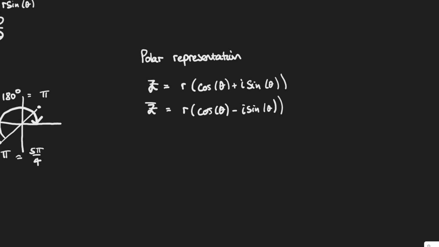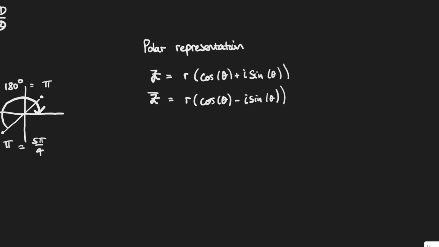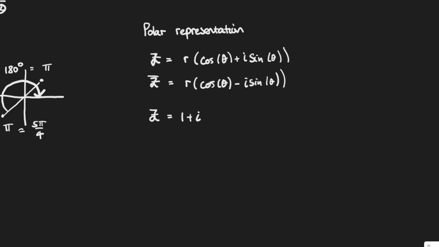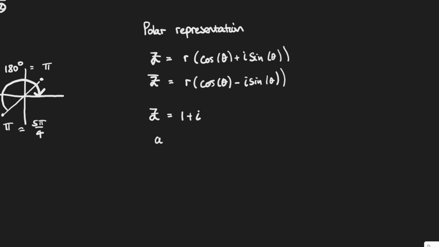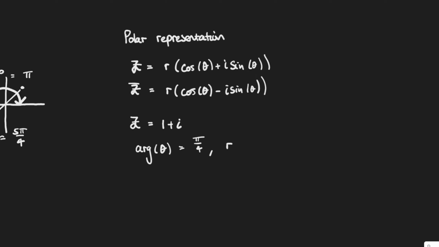Okay, so say we're given this complex number again, z equals 1 add i. Well, we already know our argument is pi over 4. And what else do we know? Well, we need to find r to give this complex number in its polar representation.